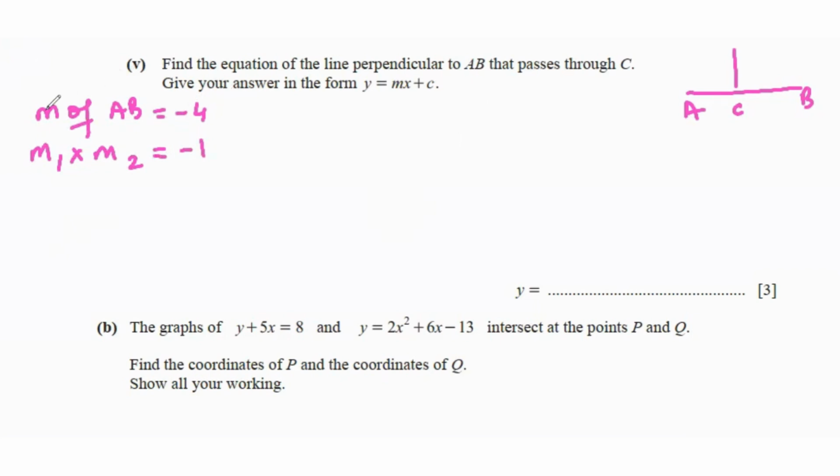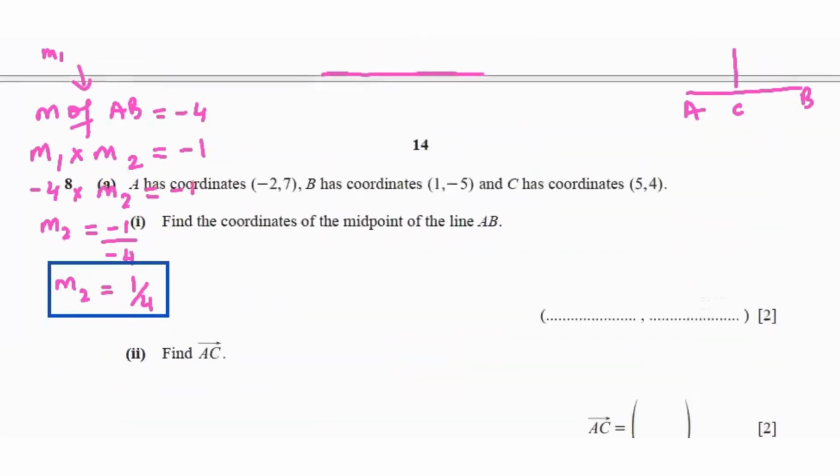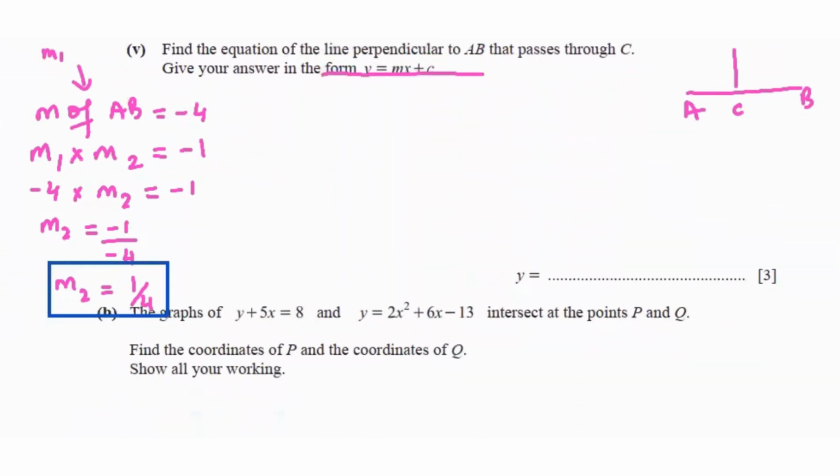If we call M of AB M1, it's going to be negative 4 times M2 equals negative 1, and M2 would equal negative 1 over negative 4, which is 1 over 4. So this is our gradient of the line perpendicular to AB. Let me just highlight that. This is our gradient. Now point C was given as 5, 4. We'll use the same formulas.